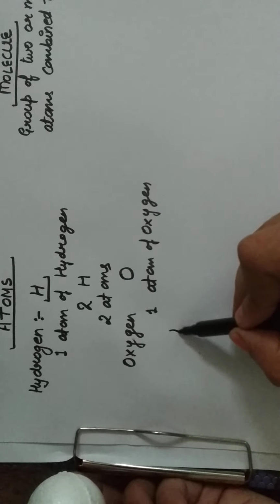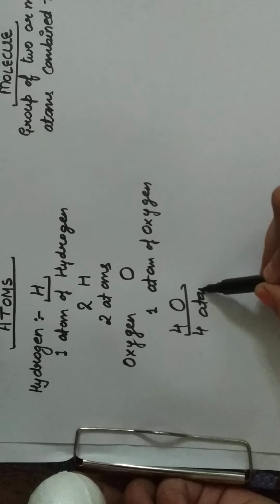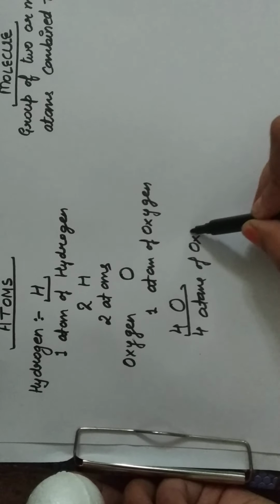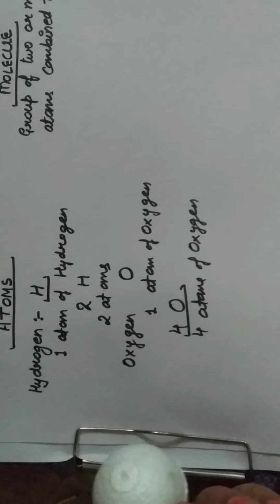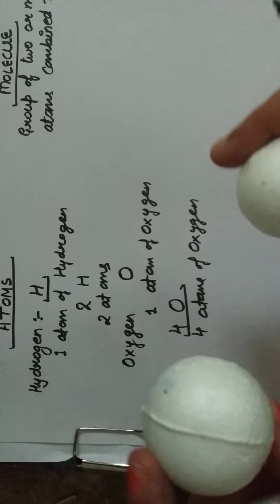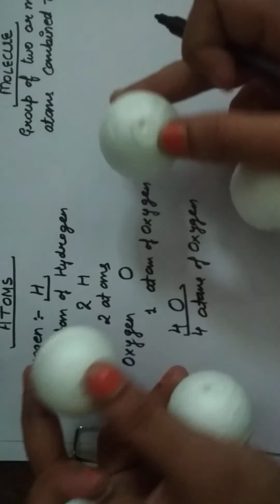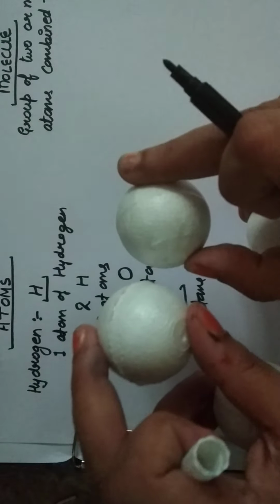And if I write 4O, this represents four atoms of oxygen, four different atoms. There is no relation between these.